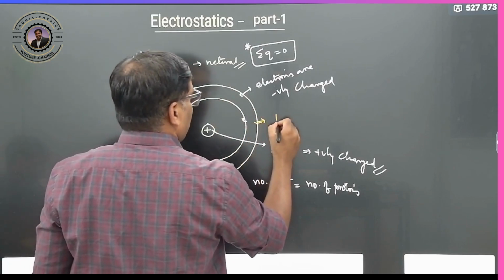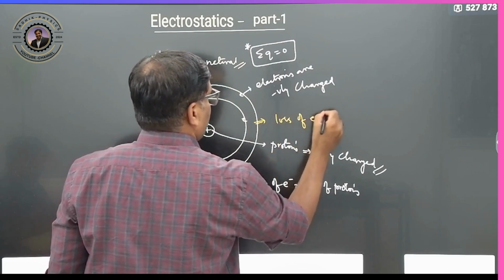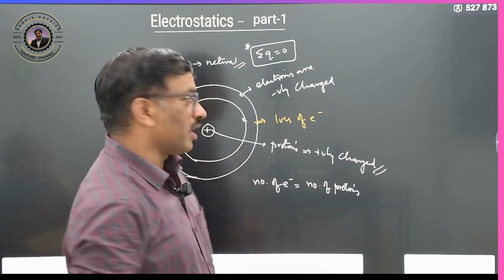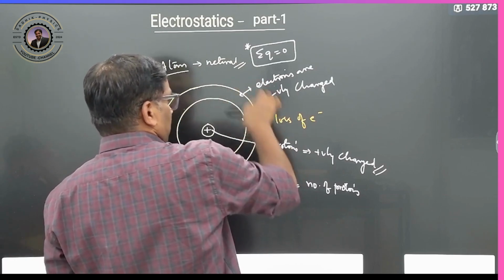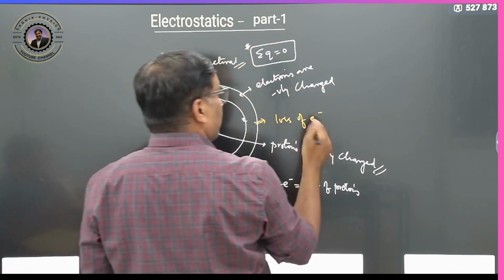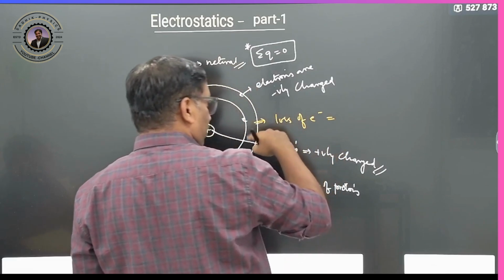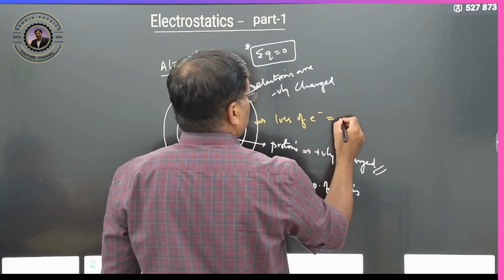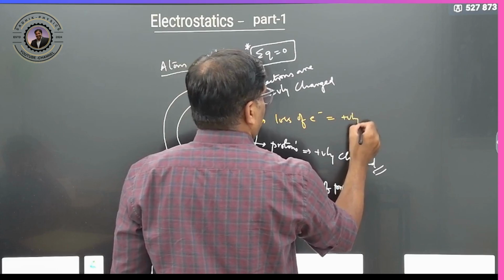If there is a loss of electrons, negativity is decreased and positivity is increased. So when there is a loss of electrons, that body becomes positively charged.